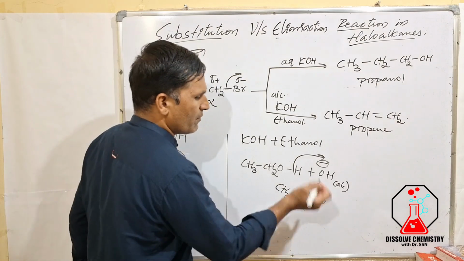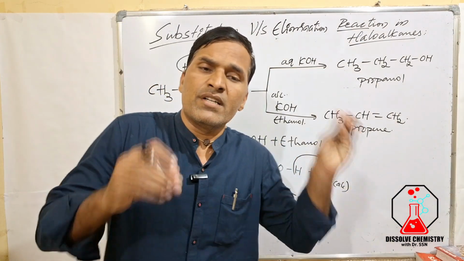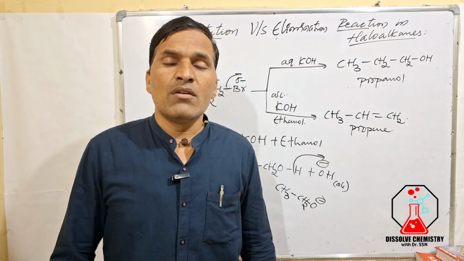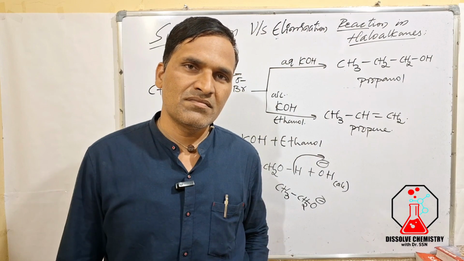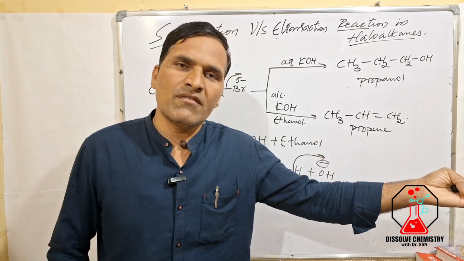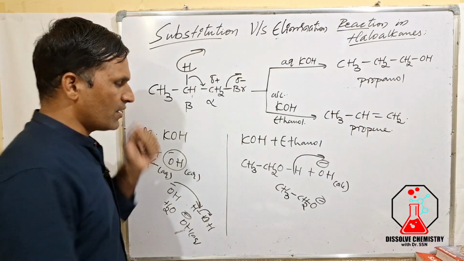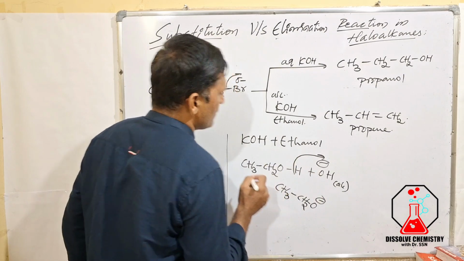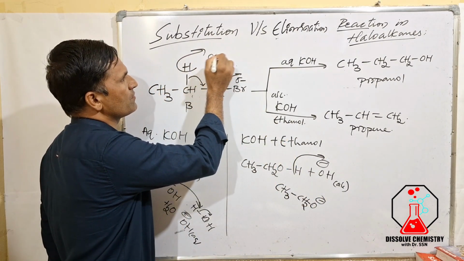When it is a stronger base, instead of waiting for bromine to leave and then getting substituted, it abstracts the proton from the beta carbon atom. As it abstracts the proton, it leads to the formation of an alkene, as you see, with the formation of propene here. So this is one reason why the ethoxide ion will abstract the proton.